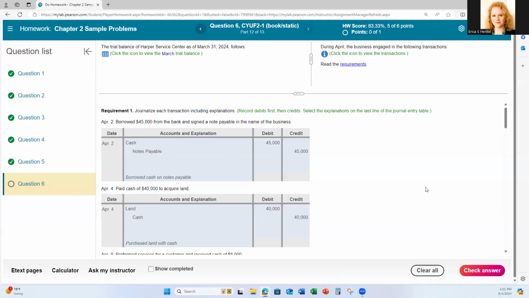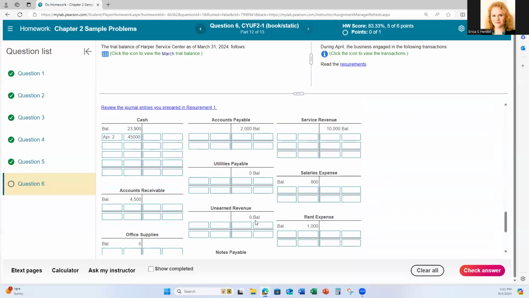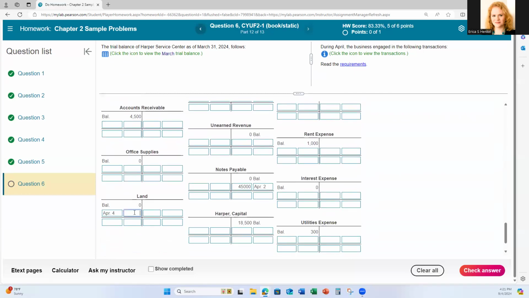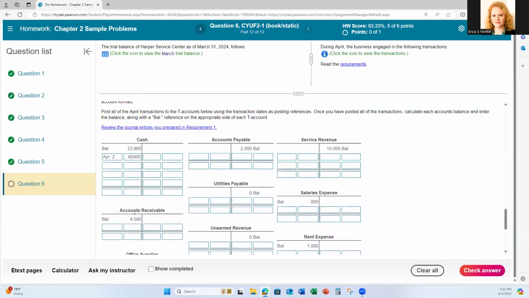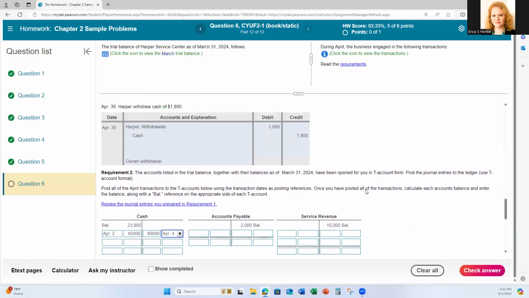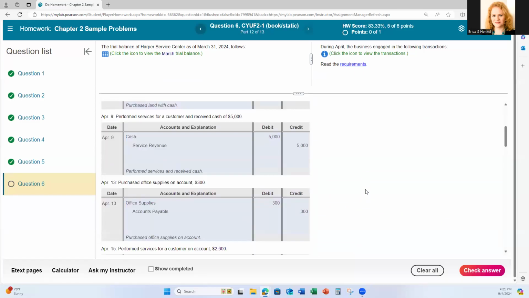Next, we've got debiting land, crediting cash for 40,000. So land, cash, 40,000. All right, that's our second transaction. Next, we've got debiting cash, crediting service revenue for 5,000.